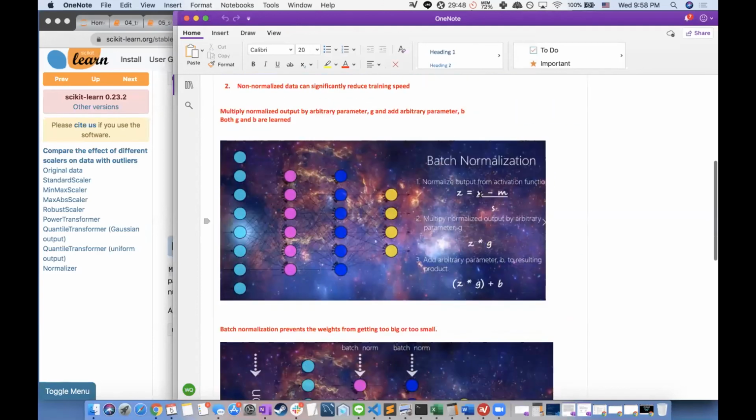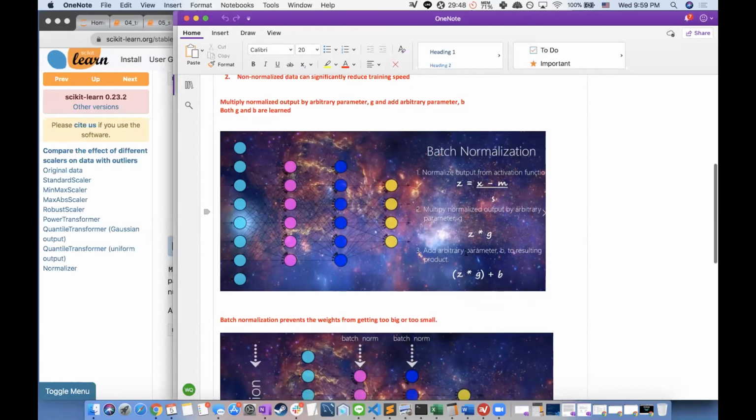Well, actually, you normalize output from activation function with a sort of a standard scalar, and you multiply normalized output by arbitrary parameter G, which is trainable, and you add arbitrary parameter B to result in product, and that B is also trainable.